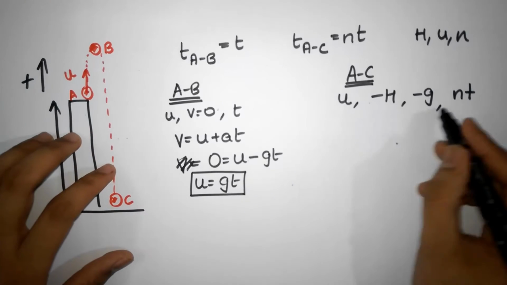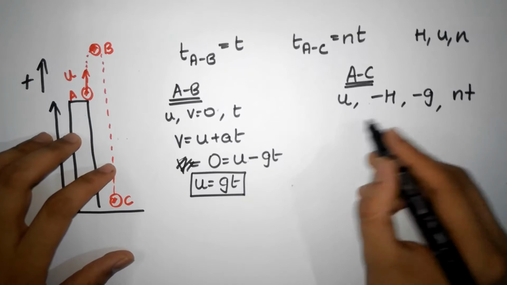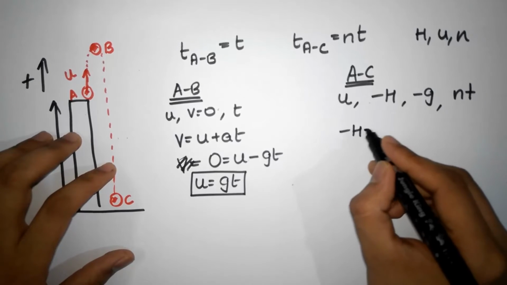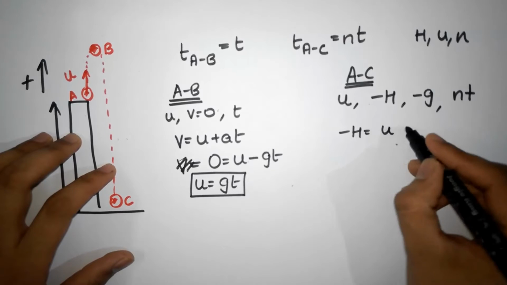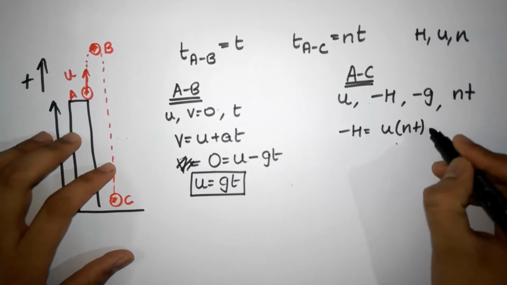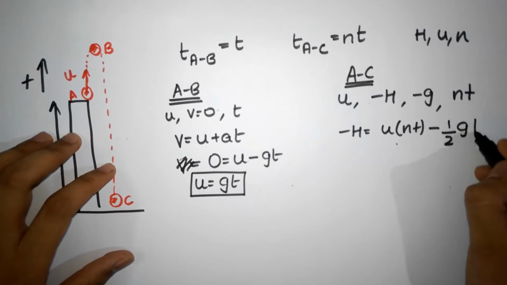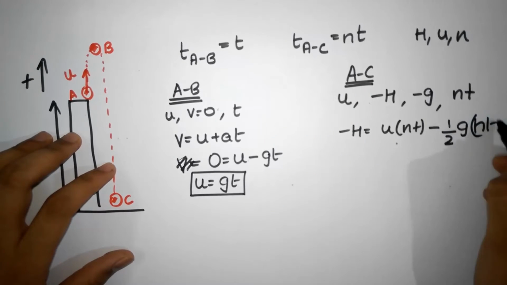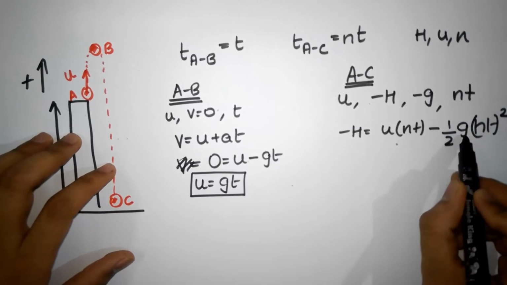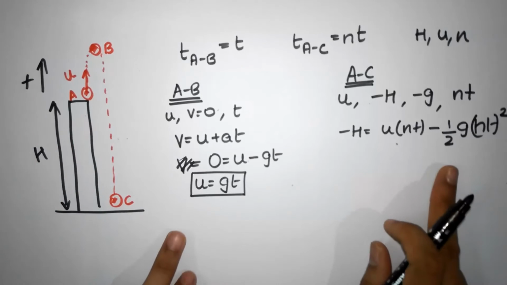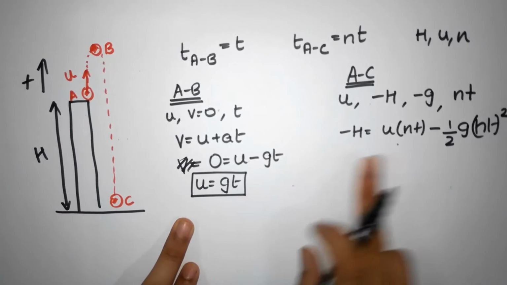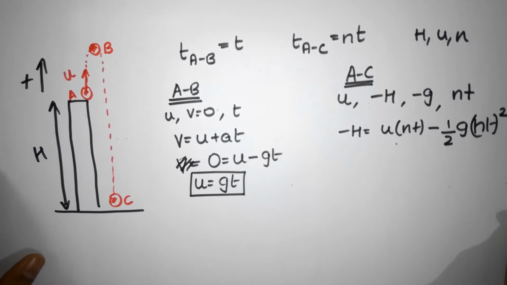So the equation which connects this is going to be s equals ut plus half g t squared. The minus sign is because of the minus g. Alright, now we have two equations, substitute this over here, and I think we'll be done.